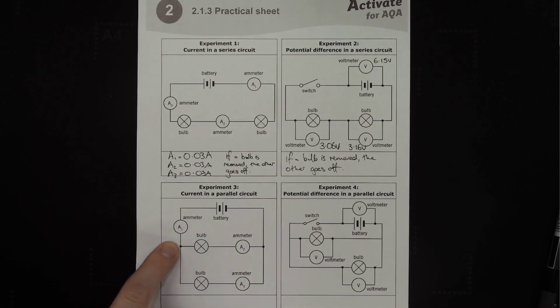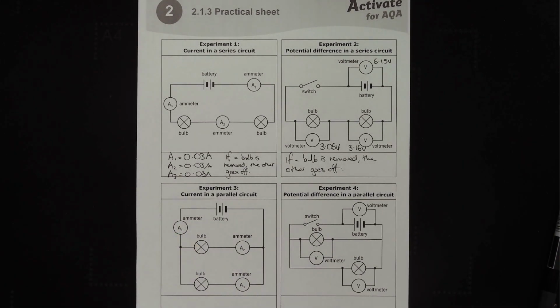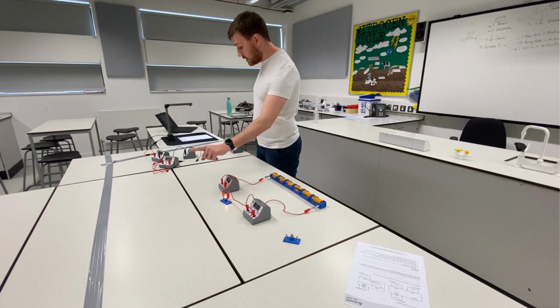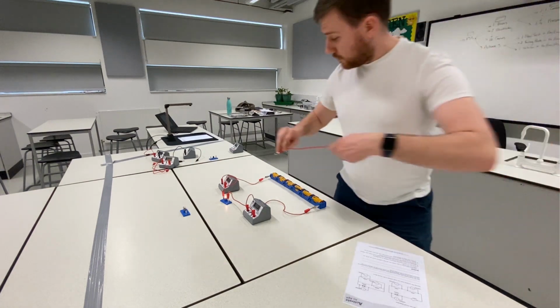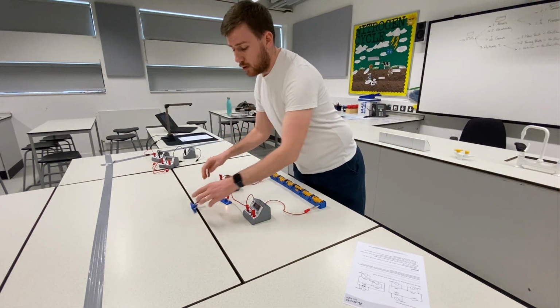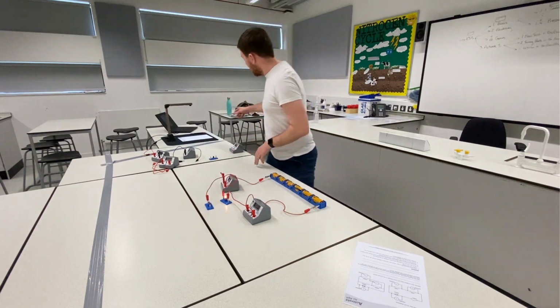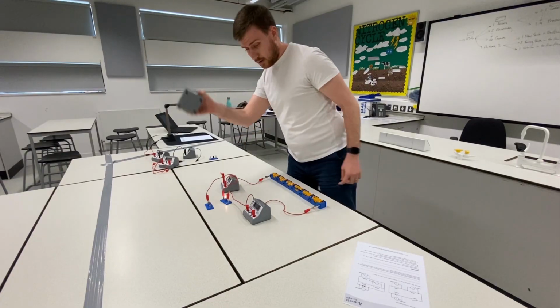Right. Now I'm going to do the other branch. So instead of going from the ammeter into the first bulb, like I did here, I'm going to add another branch. So I'm going to add a new wire coming out of the ammeter and going into the second bulb. From the second bulb, I go into a third ammeter. Here's my third ammeter.